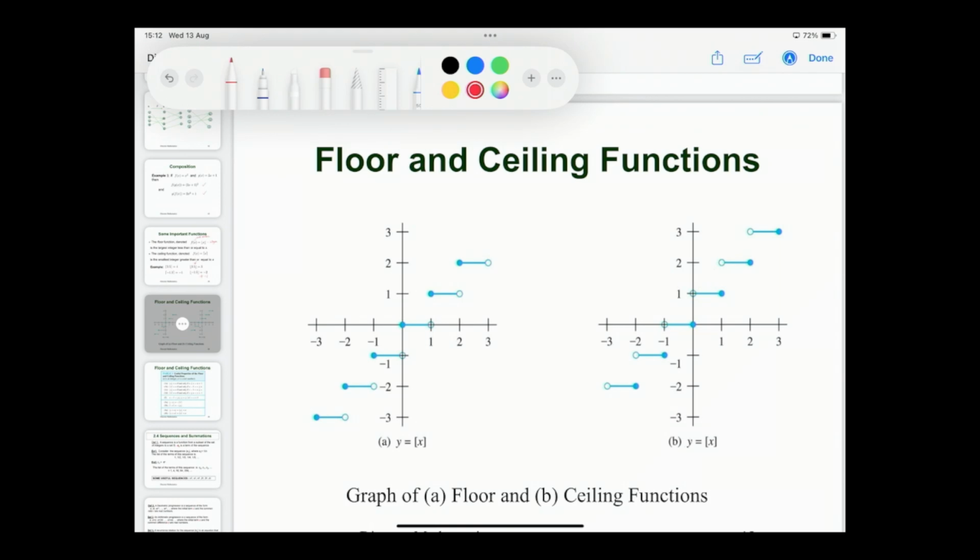Take a look at the left-hand side, the graph here for the floor function. This one should be y equal to the floor function of x.